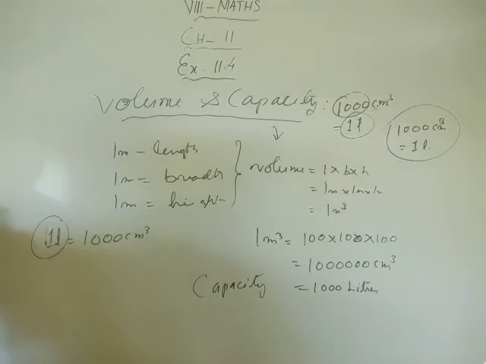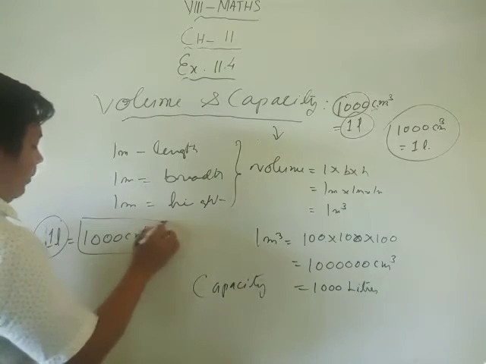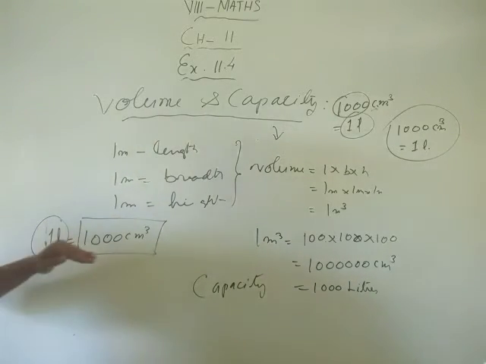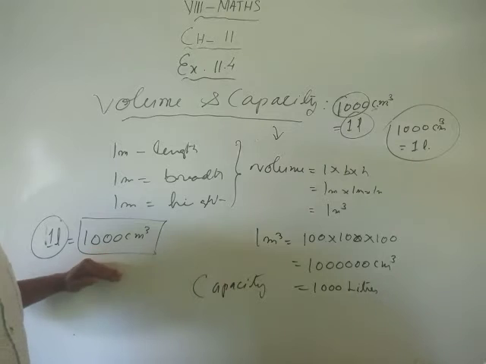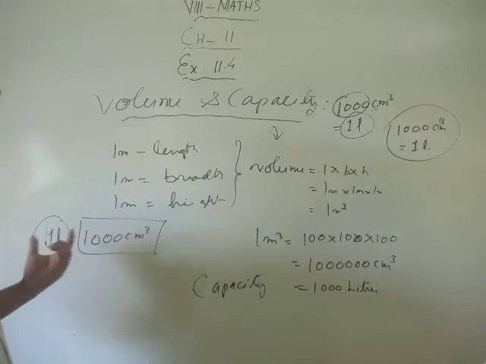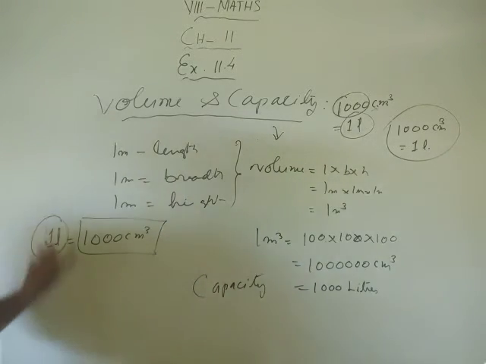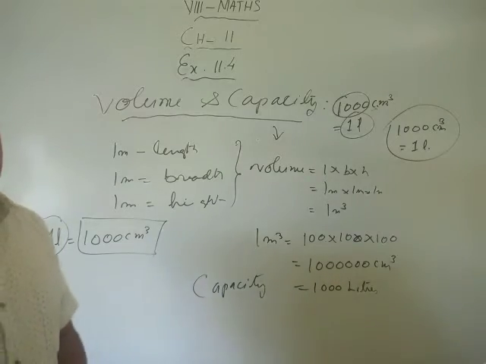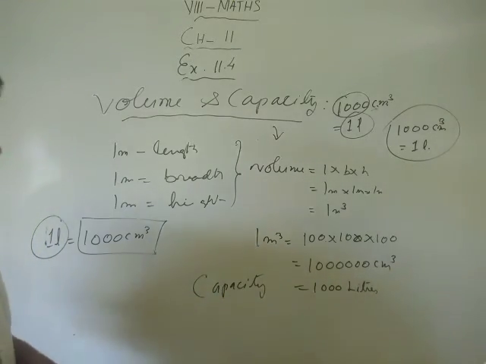So liter is the capacity. A container or object having a volume of 1,000 centimeter cube has the capacity of 1 liter. We come across this in science also, in class 9.